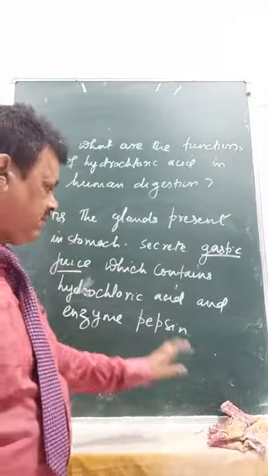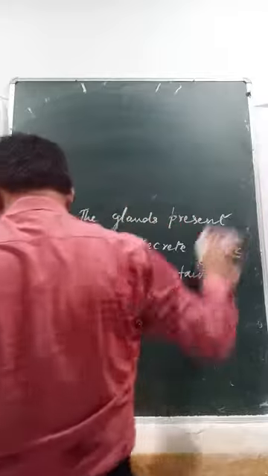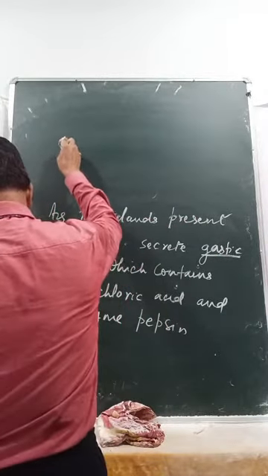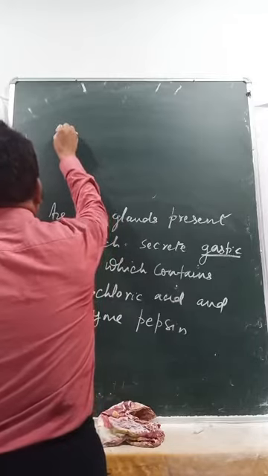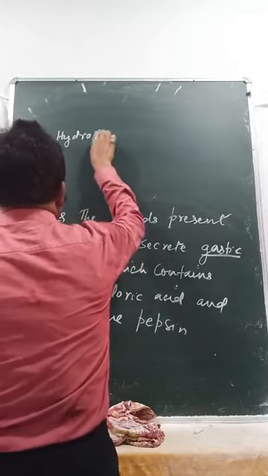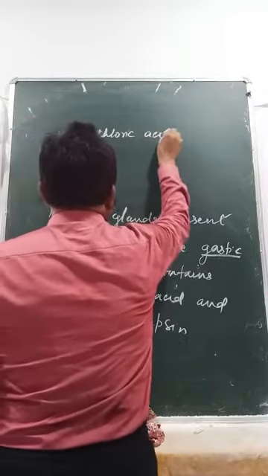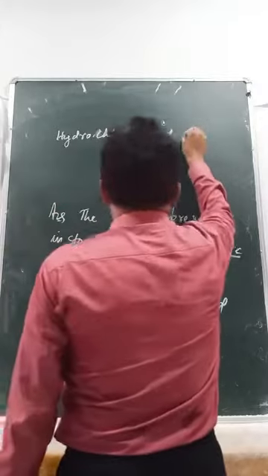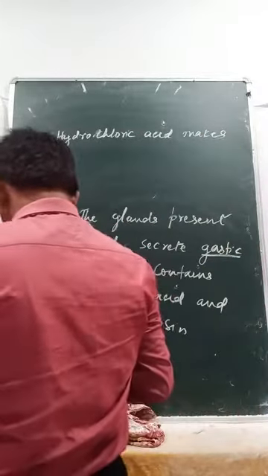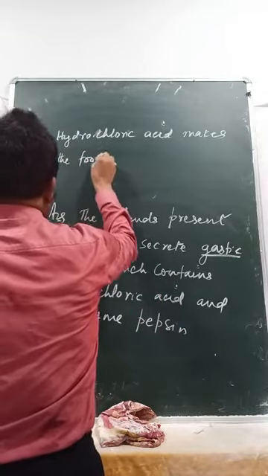So what it does then, that hydrochloric acid makes the food acidic.